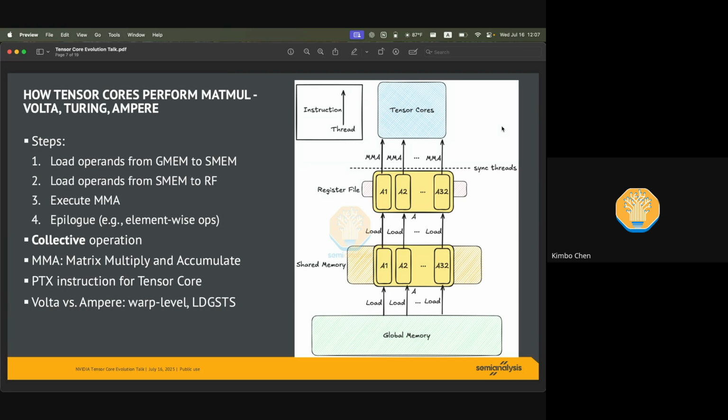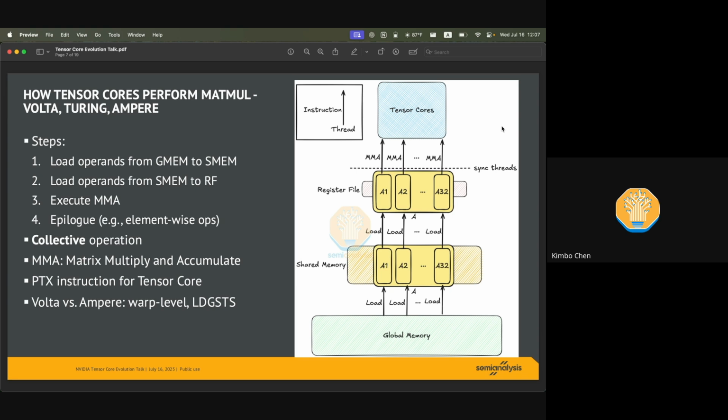The first thing we will talk about is how the first three generations of tensor cores, Volta, Turing, and then Ampere, perform matrix multiplication. There are four steps. First, you load the data from global memory to shared memory, and then you load data from the shared memory to the register file.